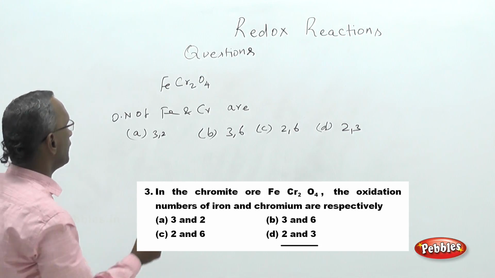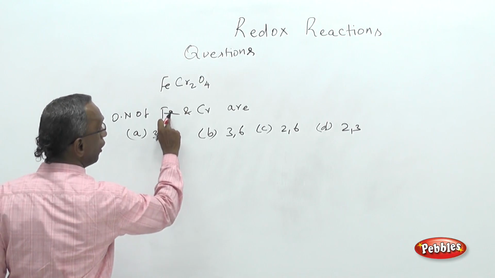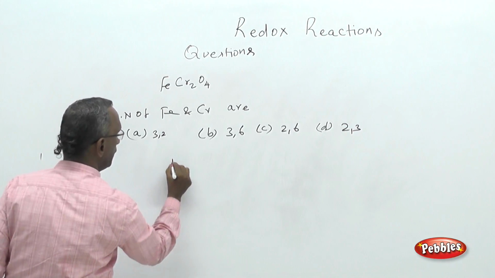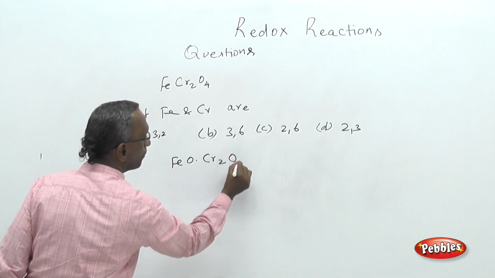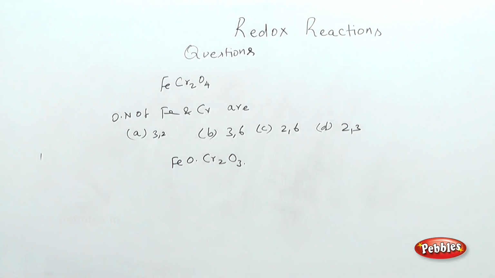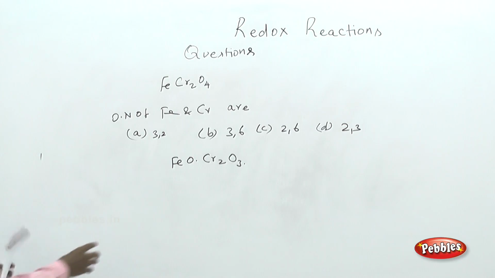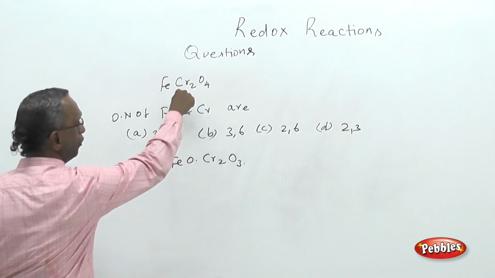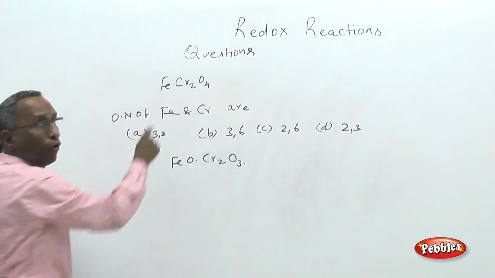We have to see. First, it is a mixed oxide. The question itself is asked as iron and chromium are. So you got it, actually it is a mixture of these 2 compounds, that is, a mixture of iron oxide and chromic oxide. If you add these 2, iron, 2 chromium and 3 oxygen plus 1 oxygen, 4 oxygen.